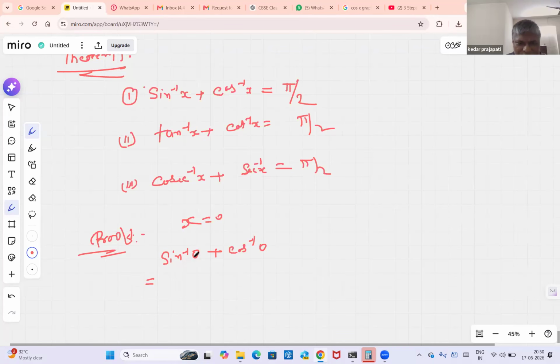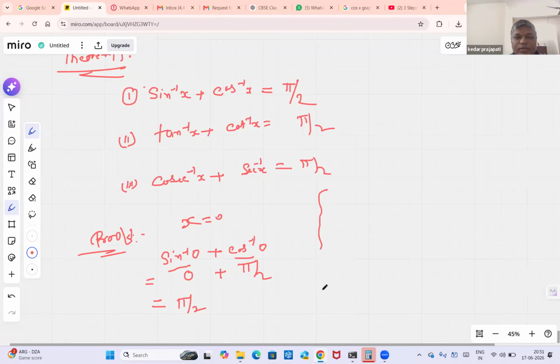For what angle is the value 0 for sine? 0. And for what angle is cos 0? Pi by 2. So is it proved? Yes. Sine inverse 0 plus cos inverse 0 is equal to pi by 2.